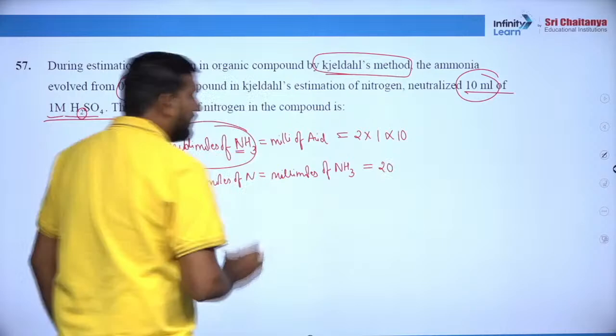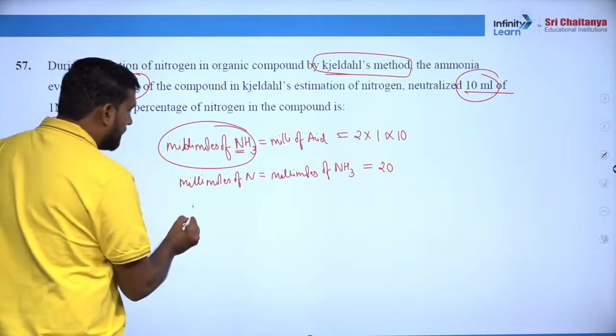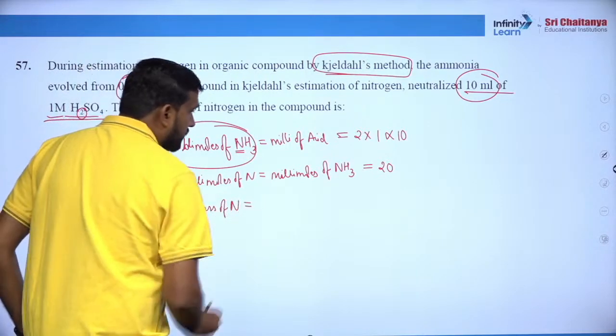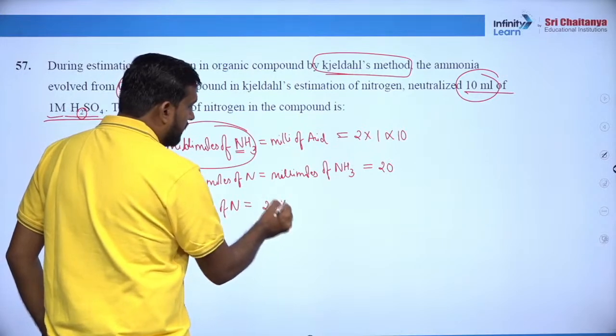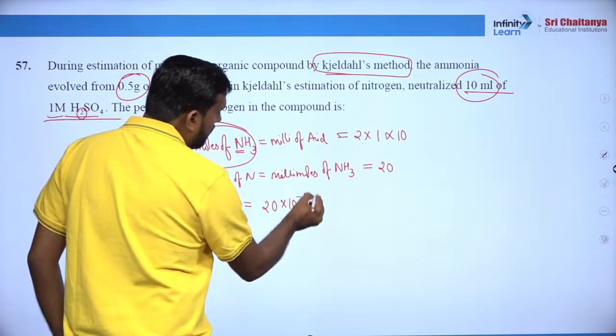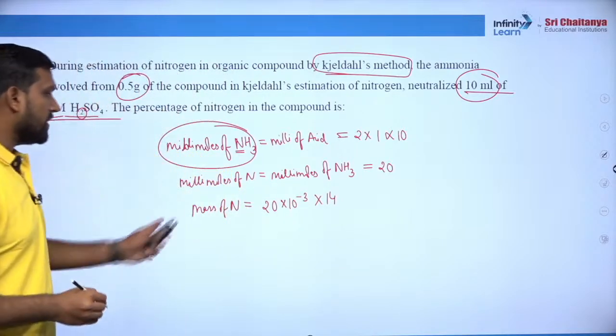Now we know the millimoles of nitrogen. Can we find out the mass of nitrogen? Yes, we can. Mass of nitrogen will be equal to 20 into 10 to the power minus 3, converting into moles, into the molar mass of nitrogen, that is 14.